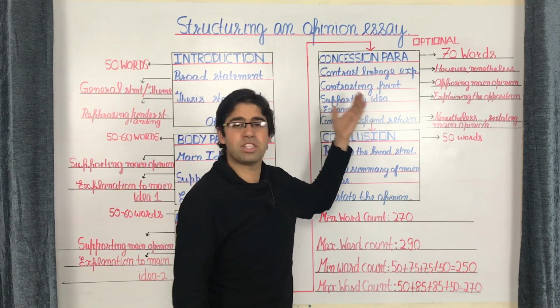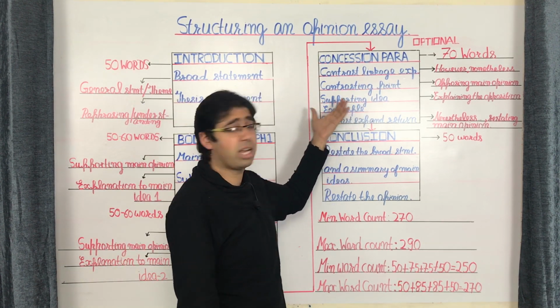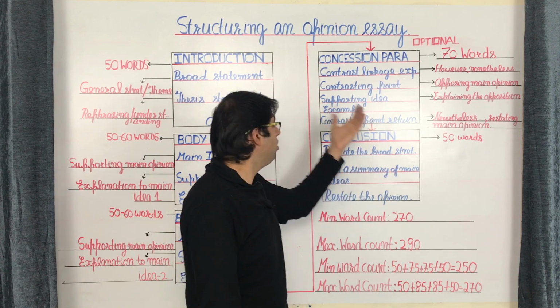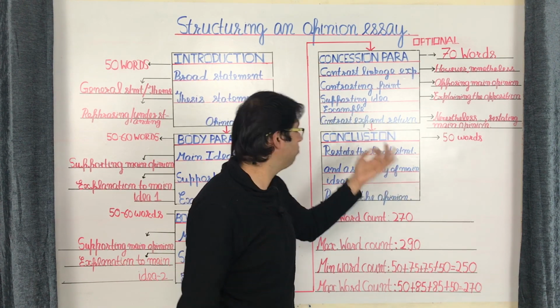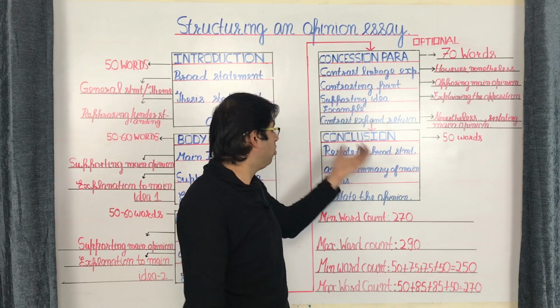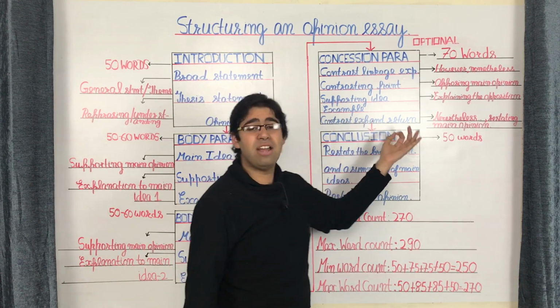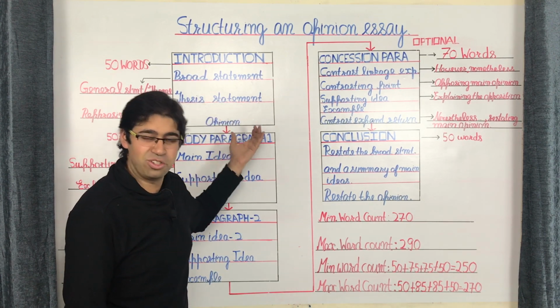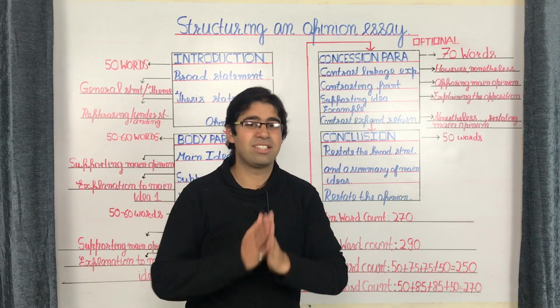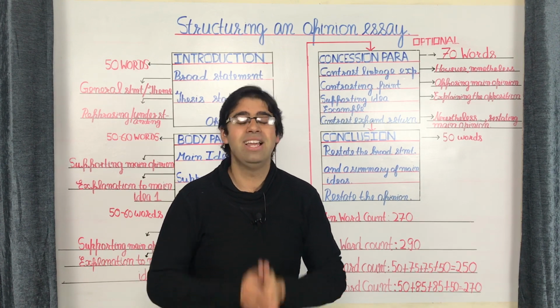After that, if you wish to explain that further, you can do that with the help of a supporting idea, followed by the example, and eventually followed by a very important device, which is once again using the contrasting expression and returning to your main opinion as expressed once again in the introduction. I believe it will be best exemplified with the help of a live example. Let's go to that.